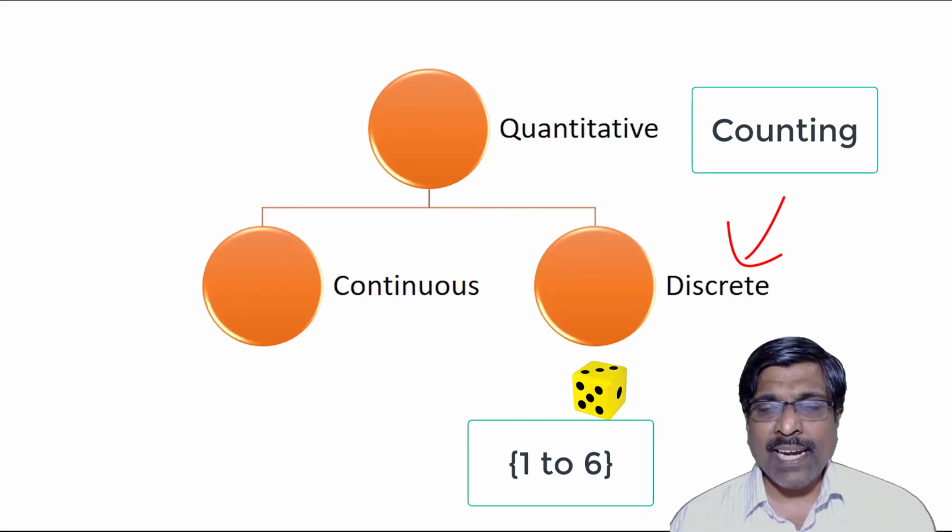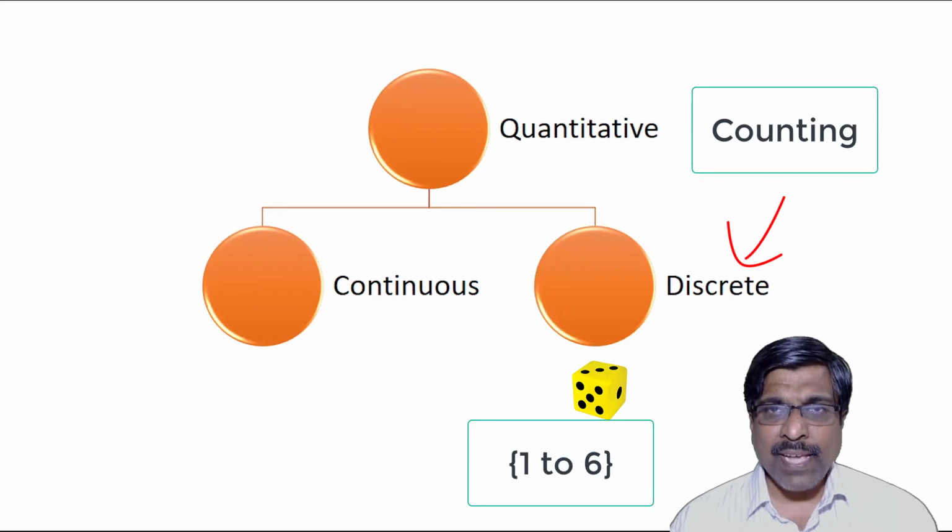You cannot certainly get a number like 2.5 or 3.5. So generally a discrete data is actually a whole number. So that is the basic difference between continuous data and discrete data, and both come under quantitative data because we are trying to quantify something.